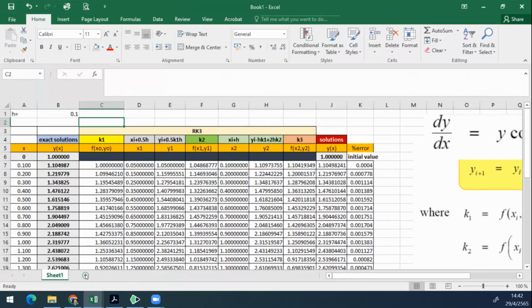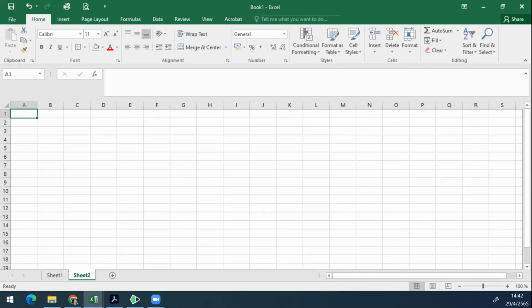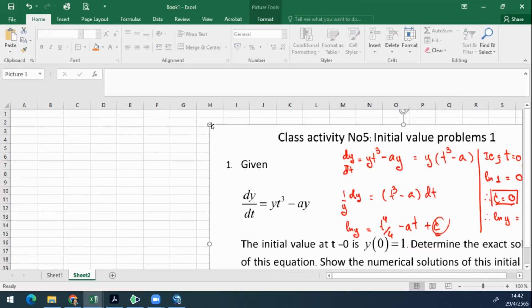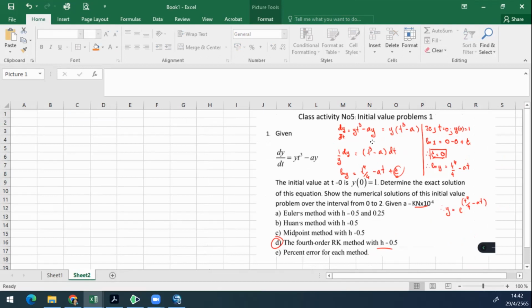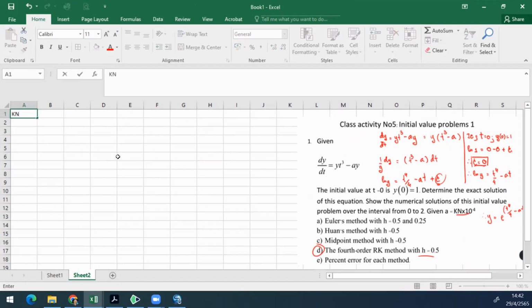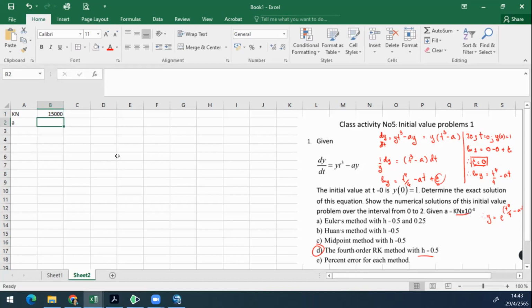This is our problem, and then we start with the key number. A depends on the key number. For this case, maybe the key number is like this. So a becomes what?